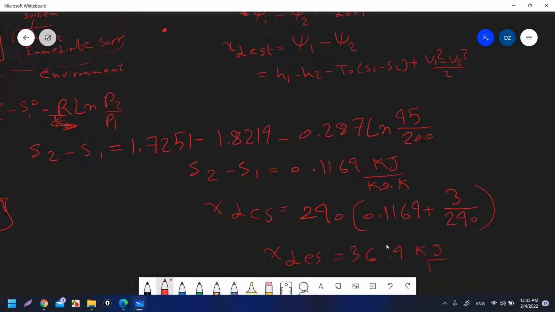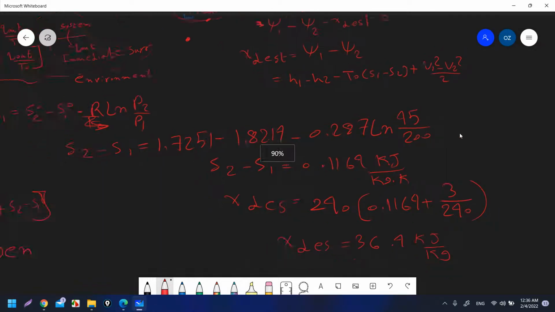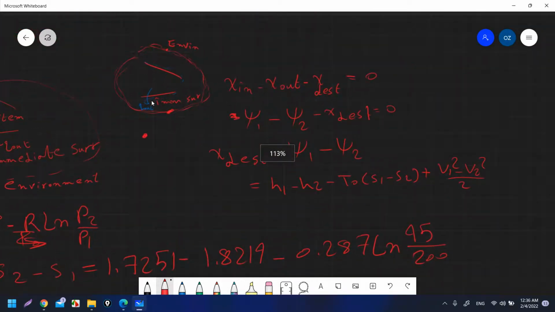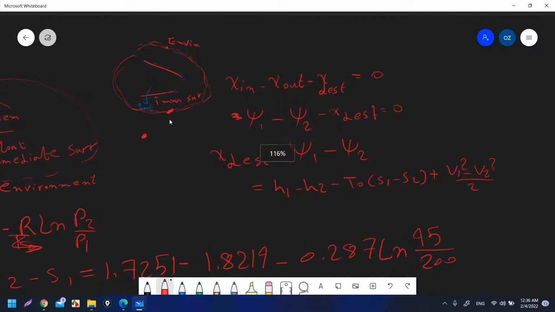Regarding what we did in the two ways, this one is Q out over T naught. Why T naught? At the beginning it wasn't T naught. At the beginning it was a temperature in the surrounding. It goes out from the nozzle to a temperature. We don't know the temperature, but we know the temperature of the surrounding or the environment.